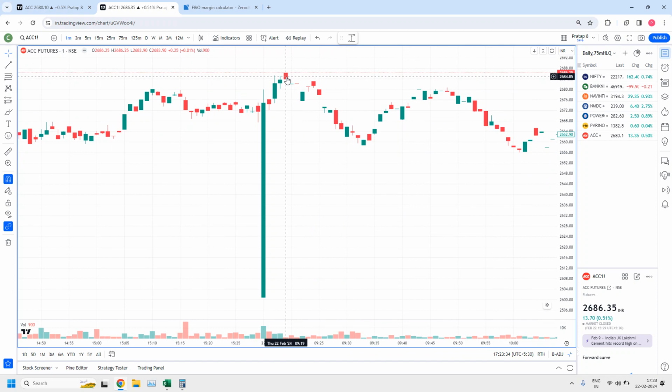This is the candle, 9:17. It is 2685, some 25 paisa. Let me give a rounded value, 2685.